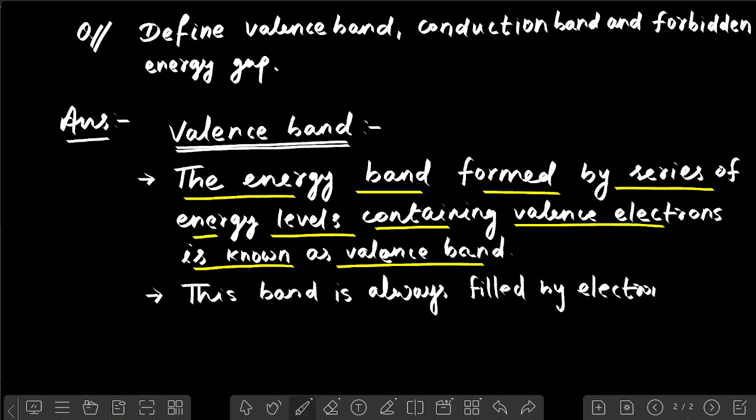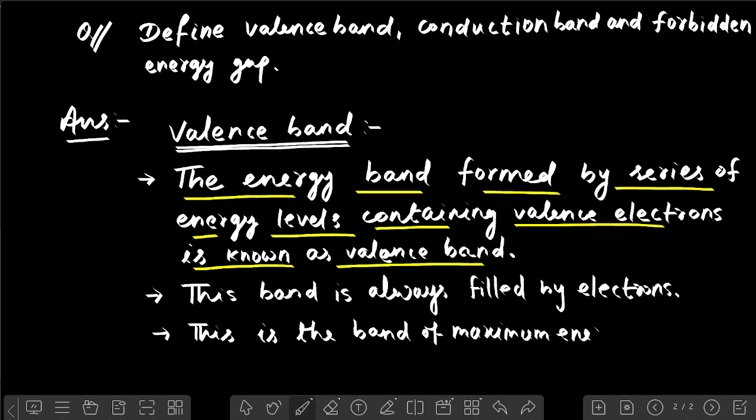The next point: this is the band of maximum energy.